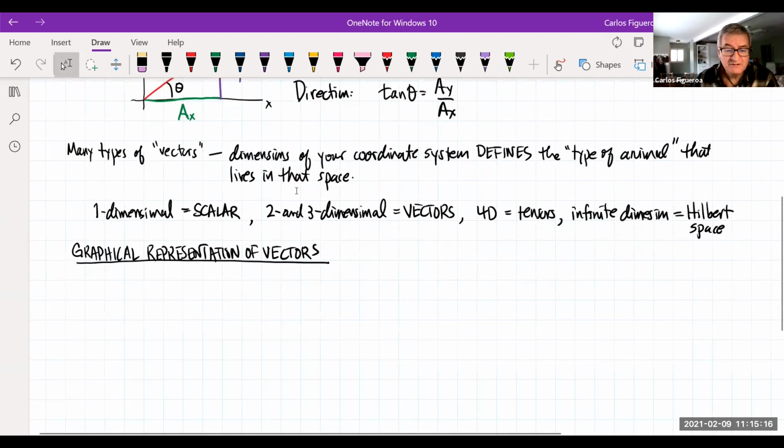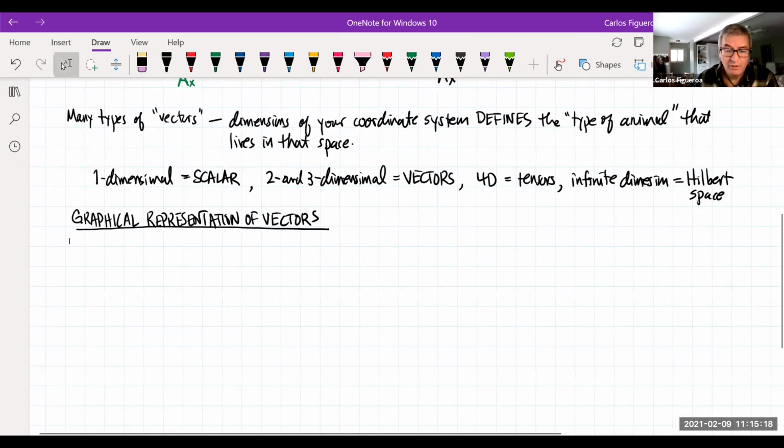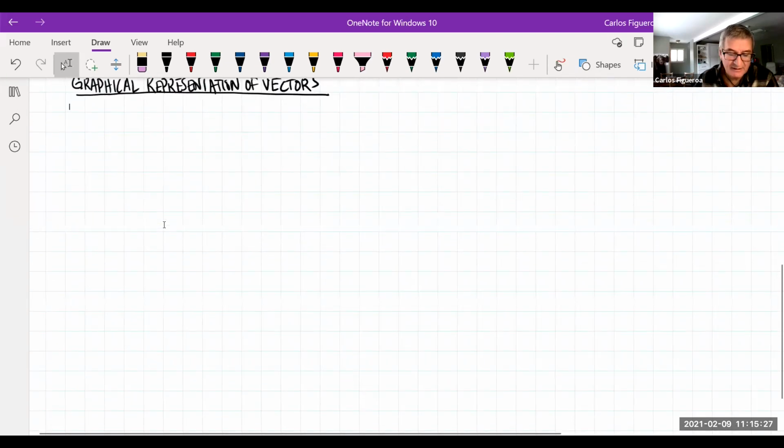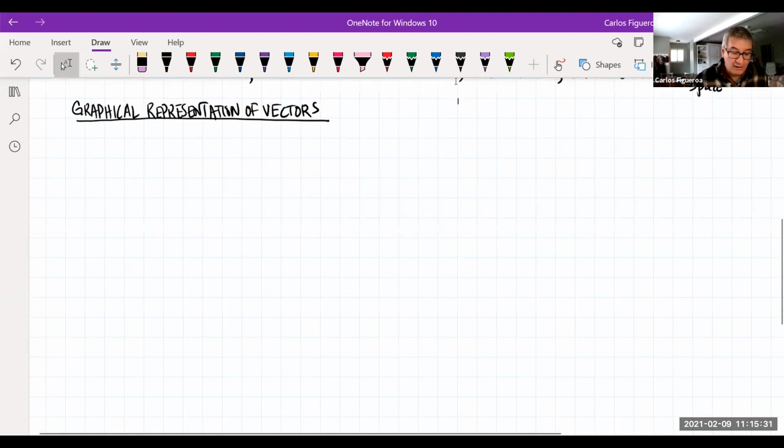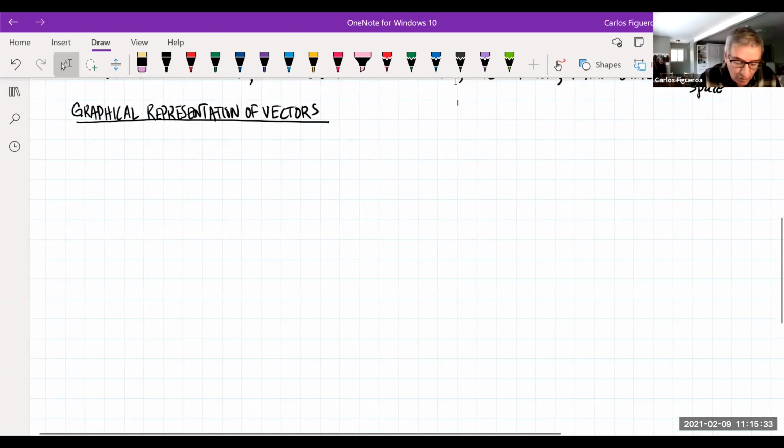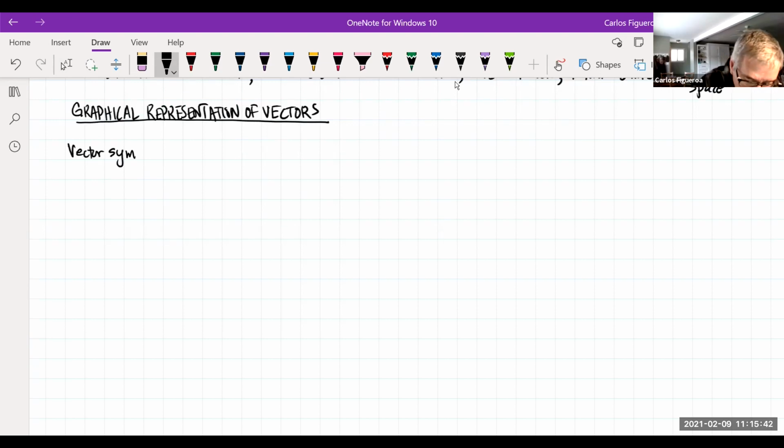So just to be careful with language, one of the things that I really want to pay attention to here is that we need to set the stage for how we want to do this. When I think about a vector symbol, we think of little arrows.